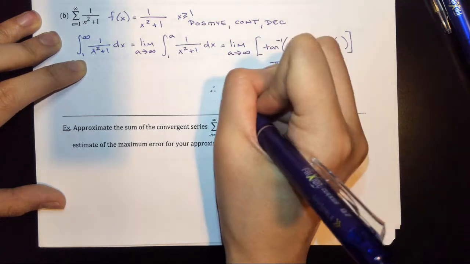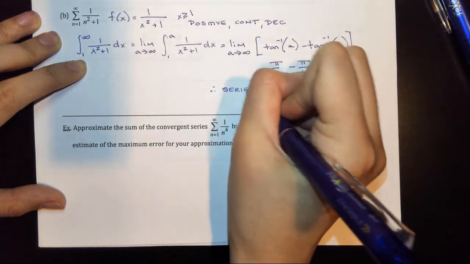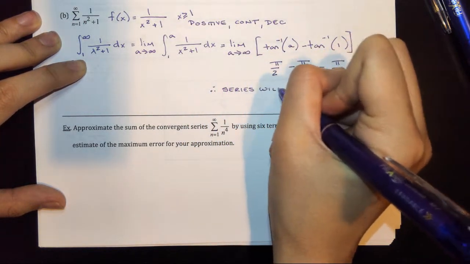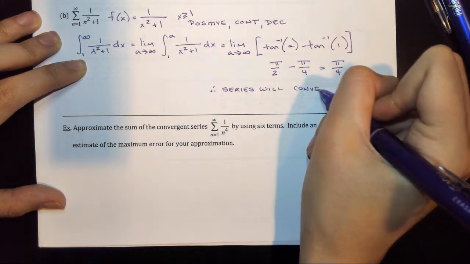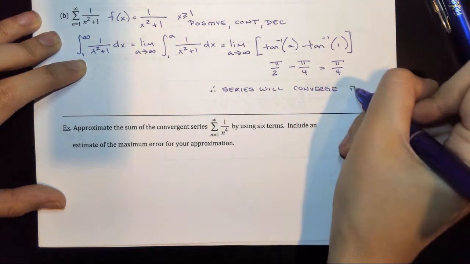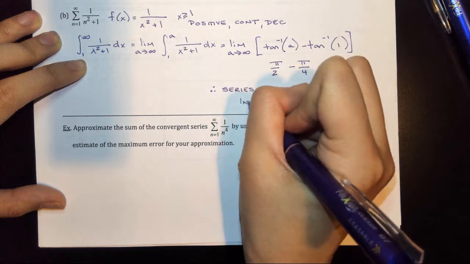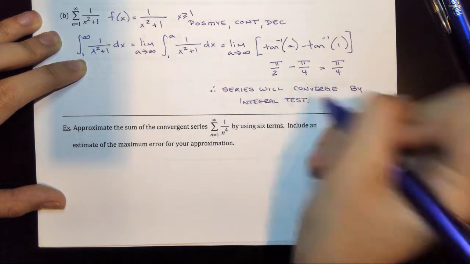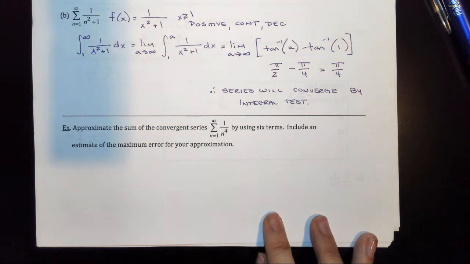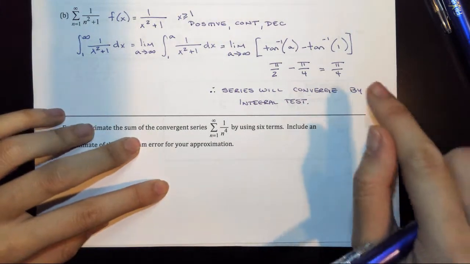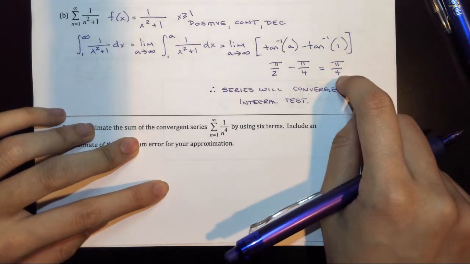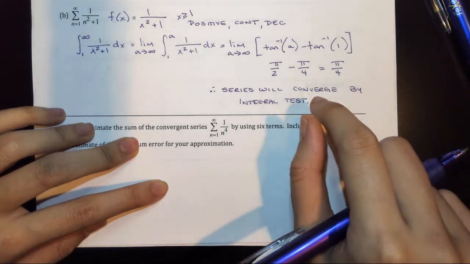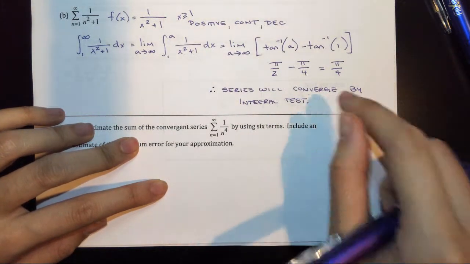Therefore, our series will converge by the integral test. Okay? Now, it's not going to say that it converges to pi over 4. It just says that it's going to converge.